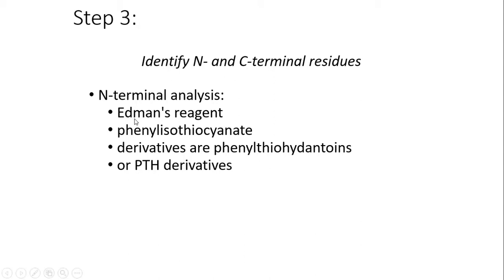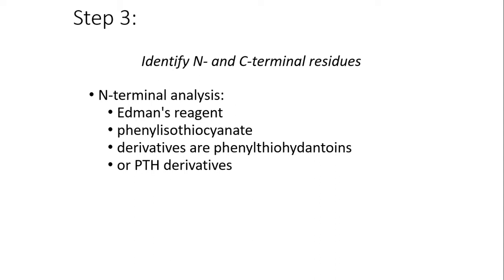Remember, Edman's reagent is phenyl isothiocyanate, and it produces a derivative, a PTH, connected to the amino acid, and then that PTH derivative, or that product, is then analyzed in order to identify what amino acid is there.